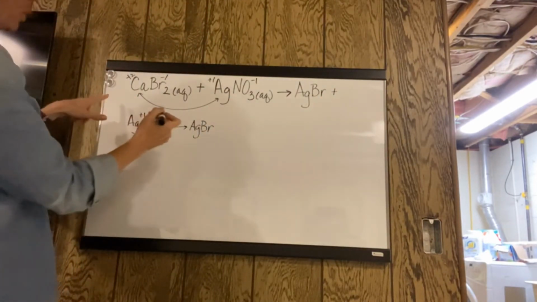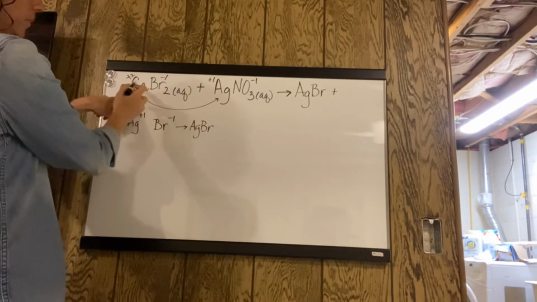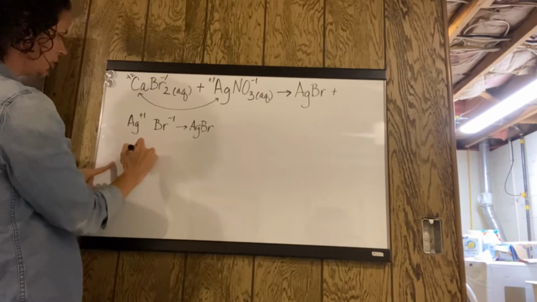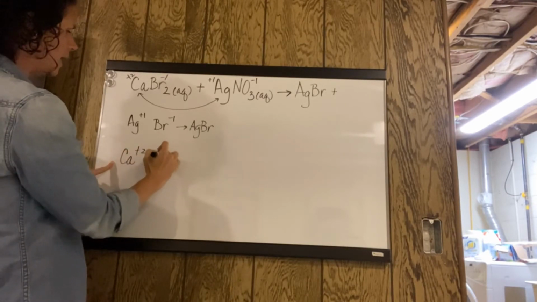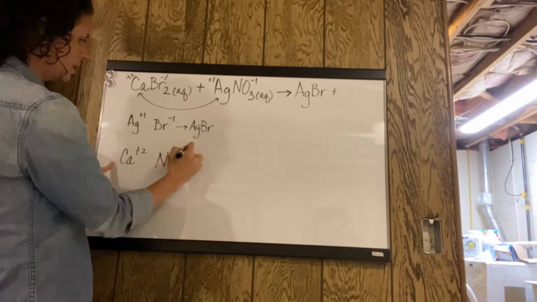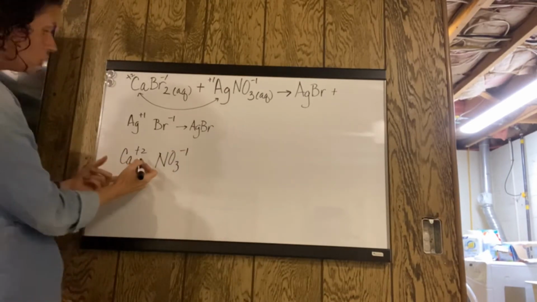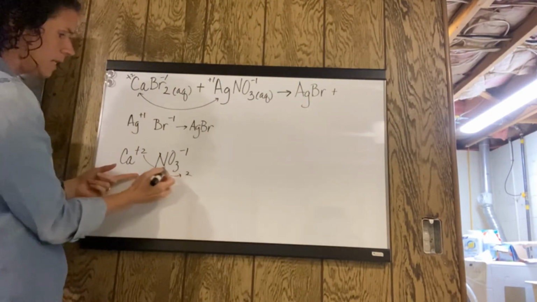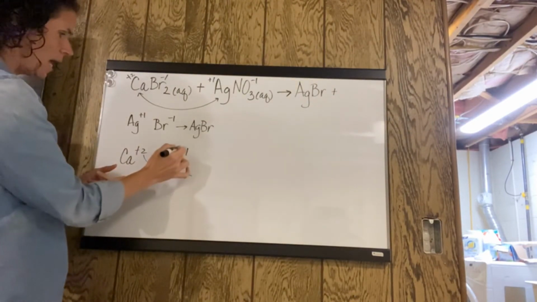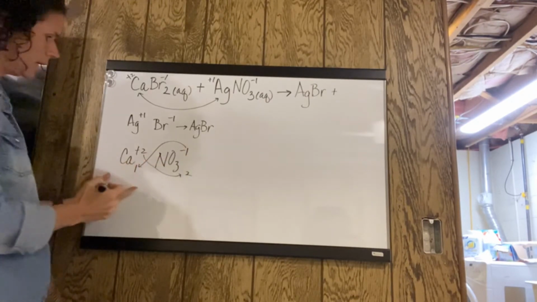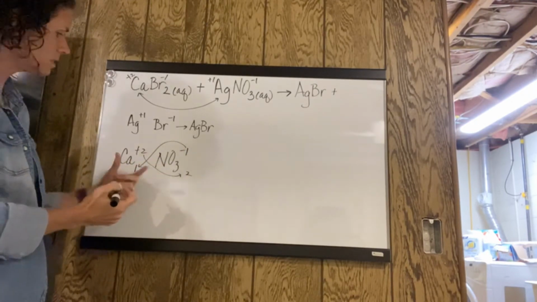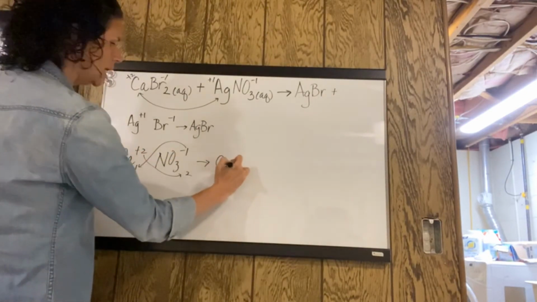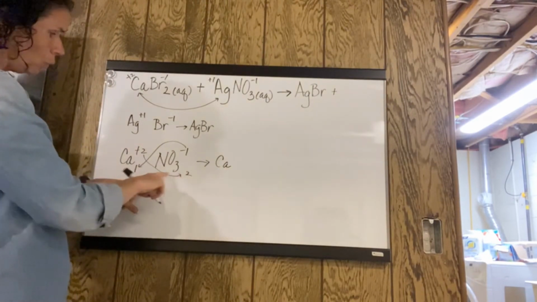Now, I'm going to bond the calcium with the nitrate. So once again, I'll figure out the formula. Calcium is a +2 and nitrate is a -1. If I do the crisscross method, this 2 is going to come down here. It tells me that I need 2 nitrates, and this 1 is going to come down here and tell me that I need 1 calcium. So I need 1 calcium and 2 of the nitrates.